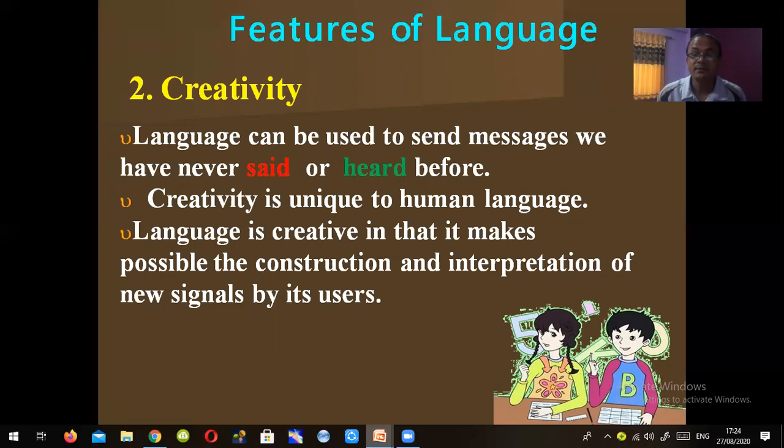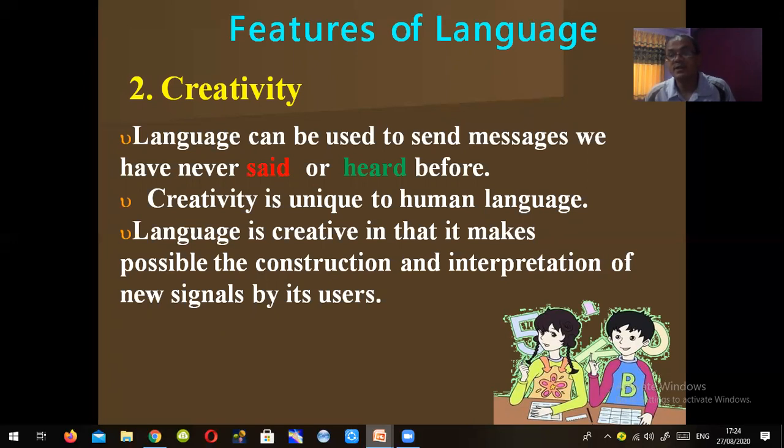It is believed that even perceptions are different. So creativity is a unique feature of human language. So language is creative in that it makes possible the construction and interpretation of new signals by its users.